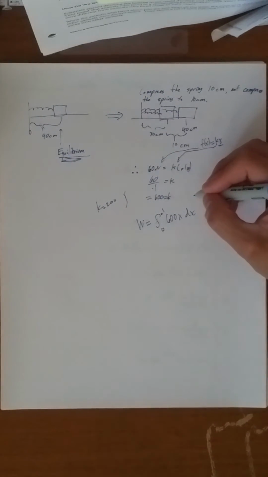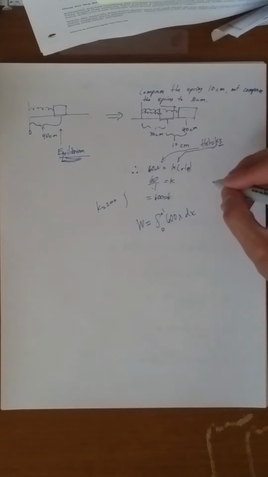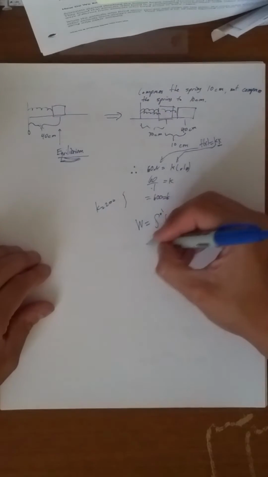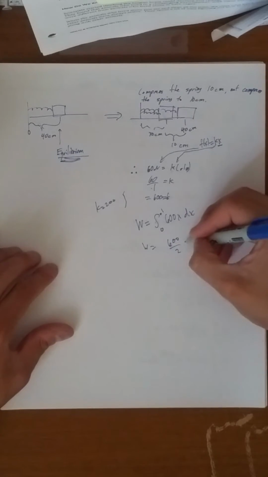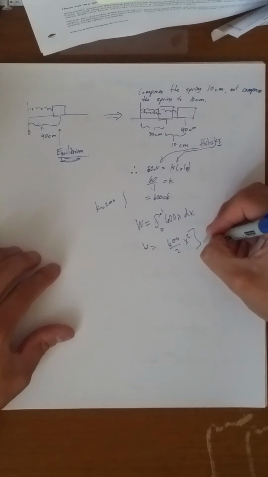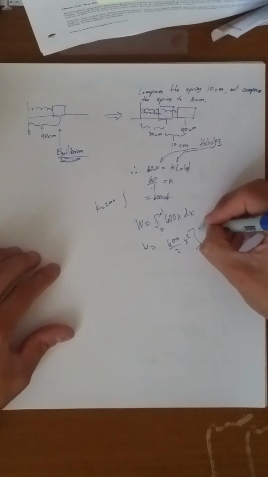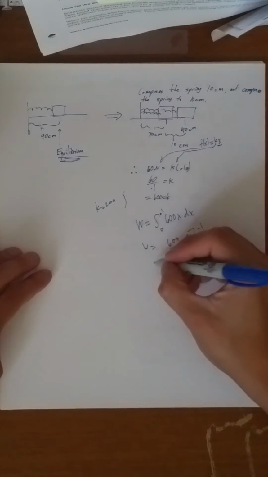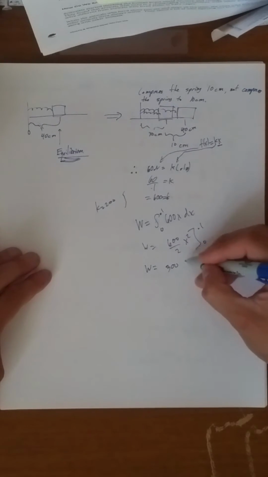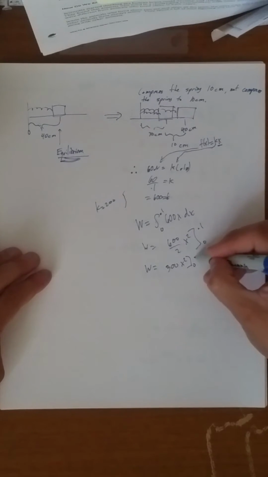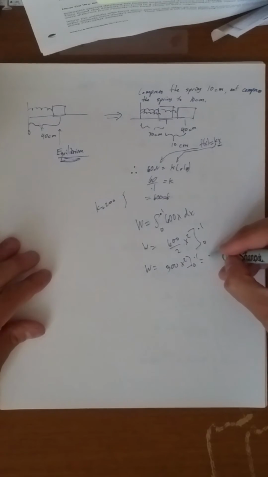So what this means now is we're going to solve this problem. The work is equal to 600 over 2 x squared, going from 0 to 0.1. We solve this one, so W equals 300 x squared, going from 0 to 0.1. I'm going to factor out the 300 because it's a constant.